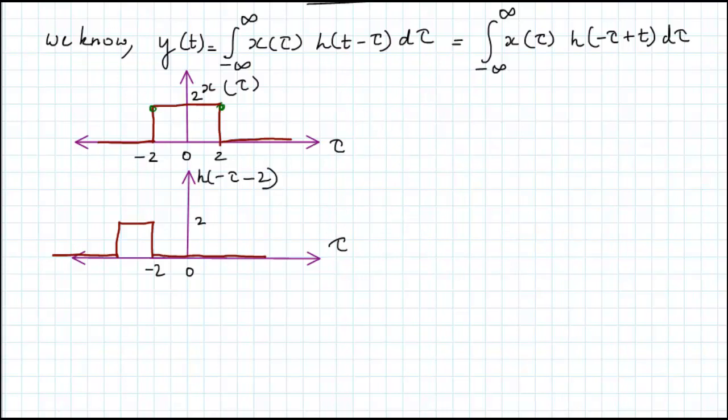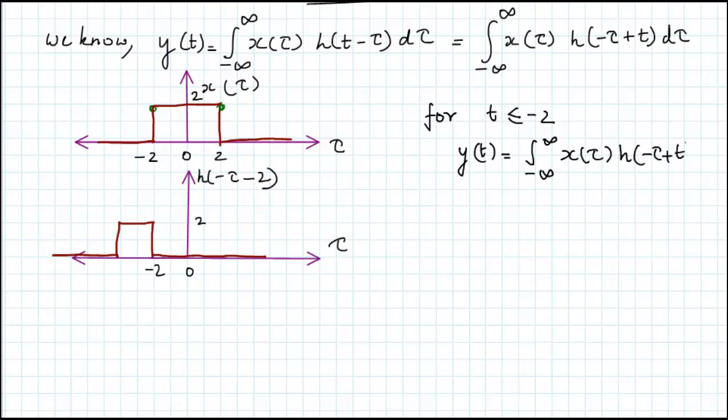So first I will write for t less than or equal to minus 2. For t less than or equal to minus 2, y of t is the integral from minus infinity to infinity of x of tau h of minus tau plus t d tau.